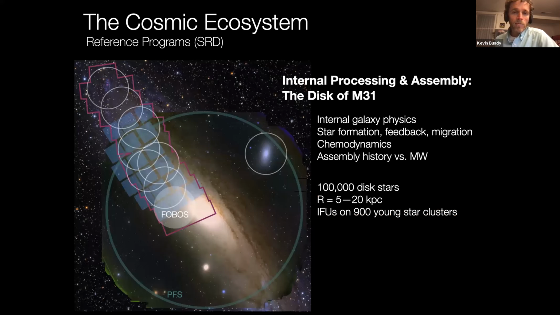And then, we're interested in this ecosystem also in terms of the kind of fossil record that it imprints on nearby galaxies. So we thought a lot about M31. And here we're particularly motivated by the scale of the Phobos field of view compared to the scale of the M31 disk. So something like PFS, whose field of view is also shown on this slide, is quite large.